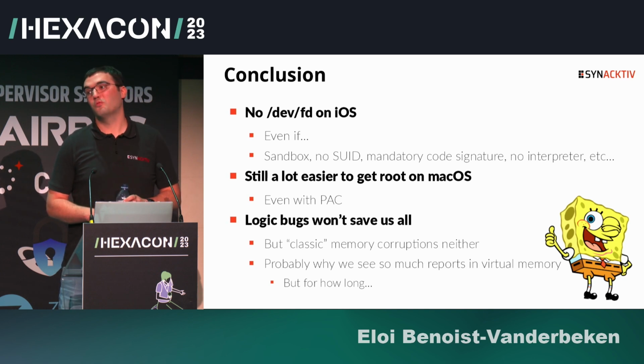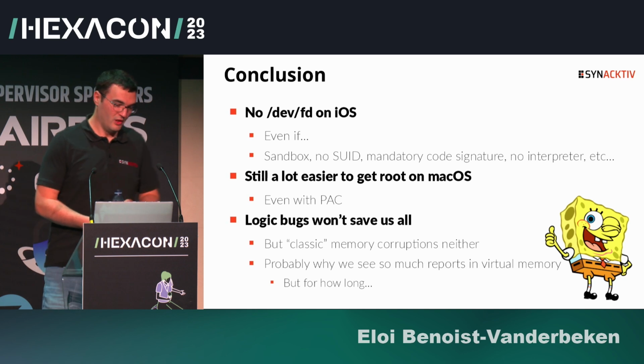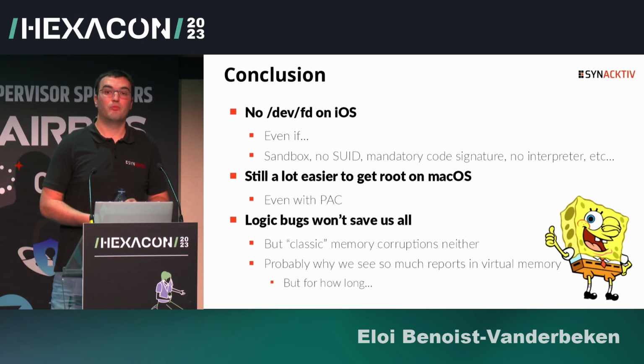So maybe we'll have to do kind of a mix of logic and memory corruption bugs. This is probably why we see so many reports in virtual memory these times. But for how long? Because as you know, when people start to hammer an attack surface, it doesn't live very long. So sorry for the depressing last words.